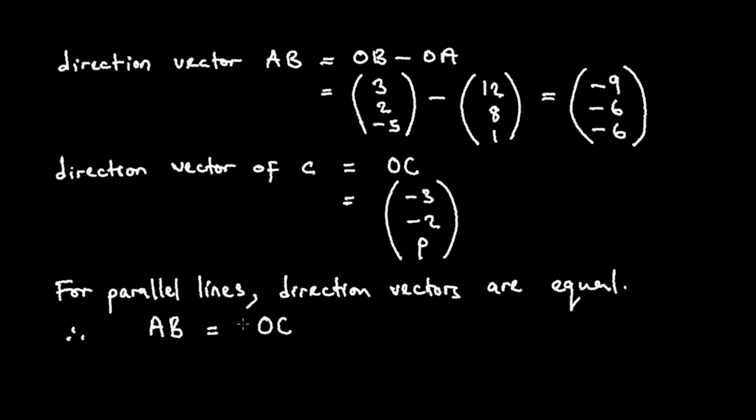So what we do is introduce a scalar multiplier k. This k is a scalar multiplier equalizing AB and OC.